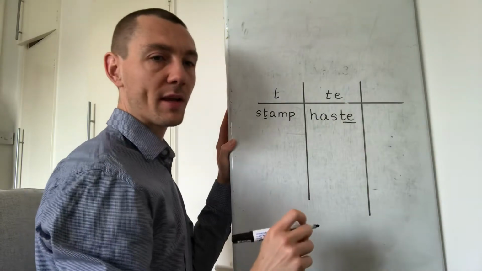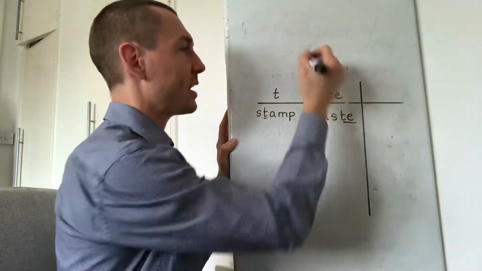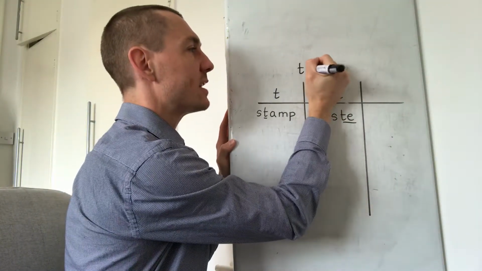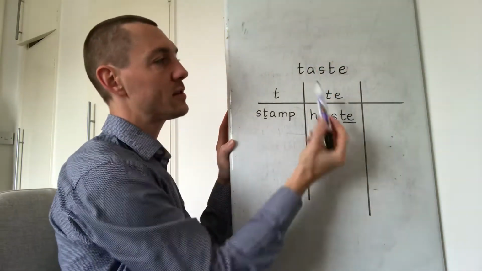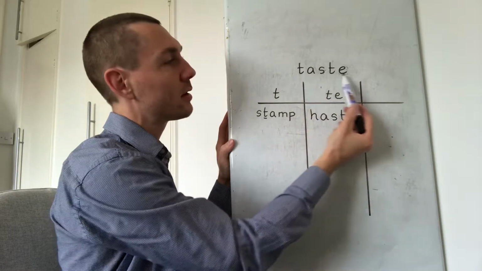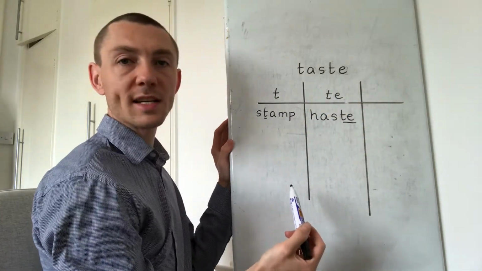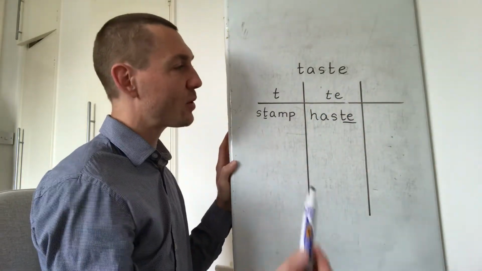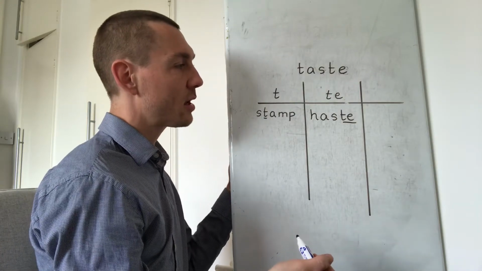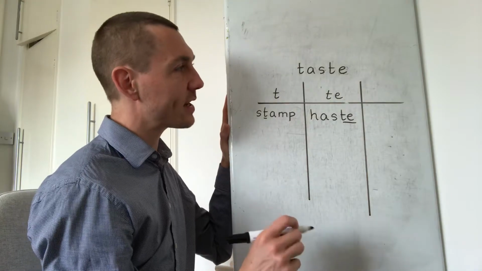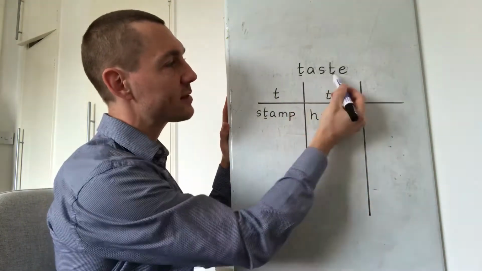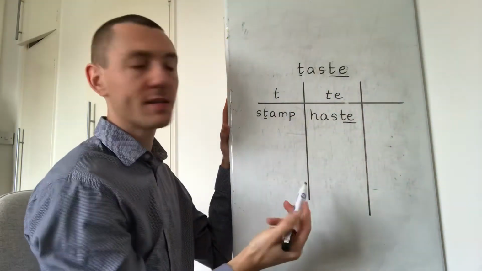The next word I want you to read and then write is taste. So pause and have a try. Coming back together, we can see that we've got 2 different spellings of the same t sound in this word.